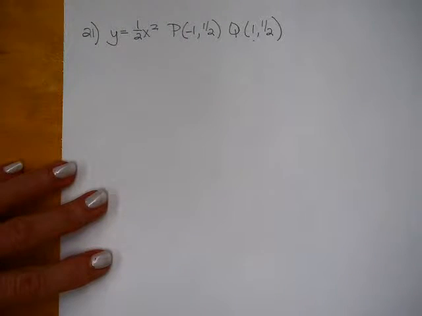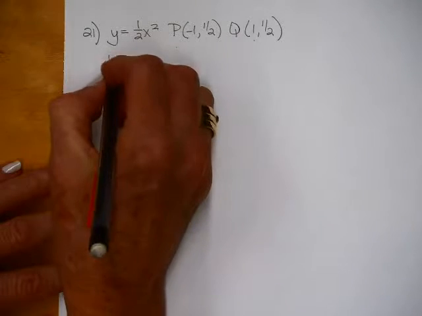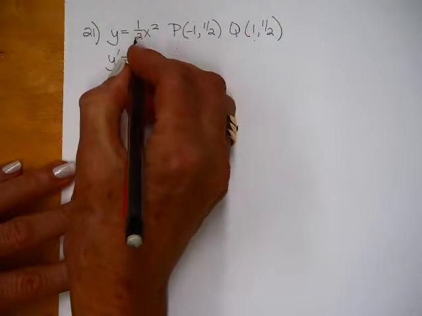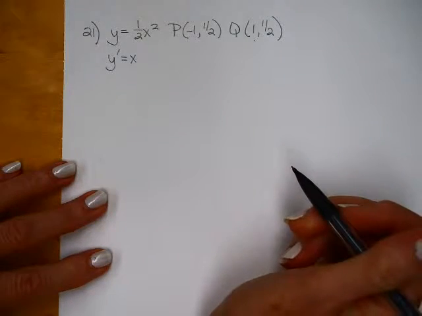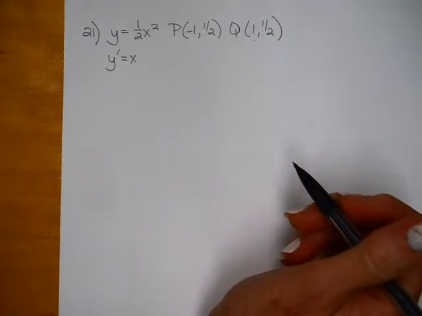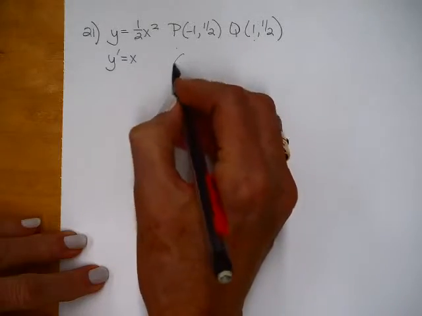I have y is equal to 1/2 x squared. What's the first thing I probably need to do? For my formula, I need to, how about take the derivative? So y prime is 2 times 1/2, which is 1. So y prime is x.